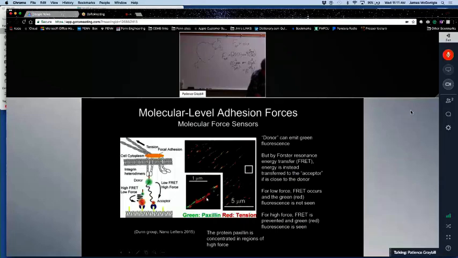And what you see here is that the two coincide very closely. And so this tells us that probably the paxillin is part of the force generating machinery. And this is something that we would not have known without these kinds of experiments. So this is a very active field now, designing molecules whose fluorescence depends on their extent of stretching.